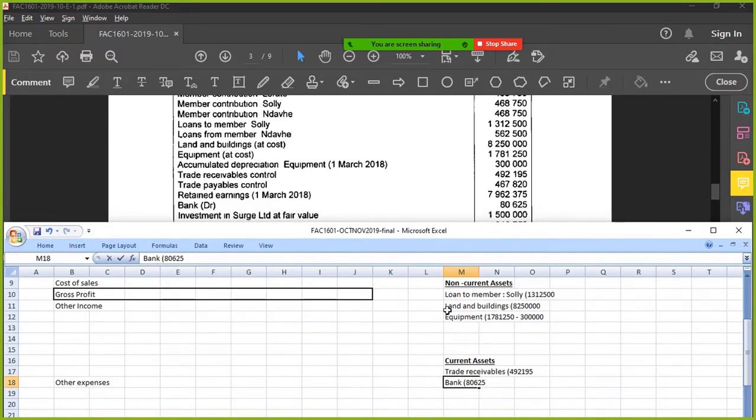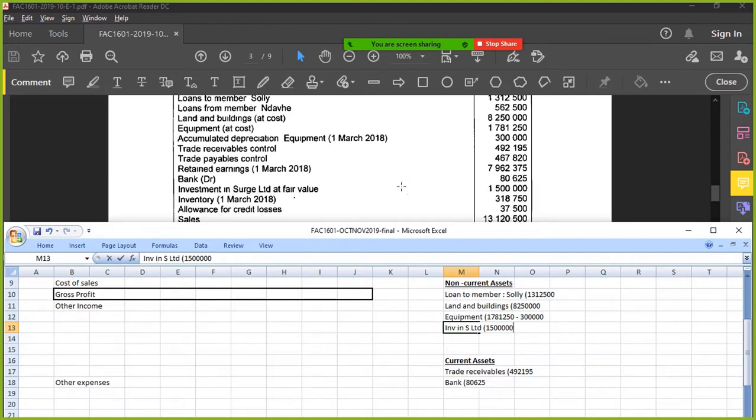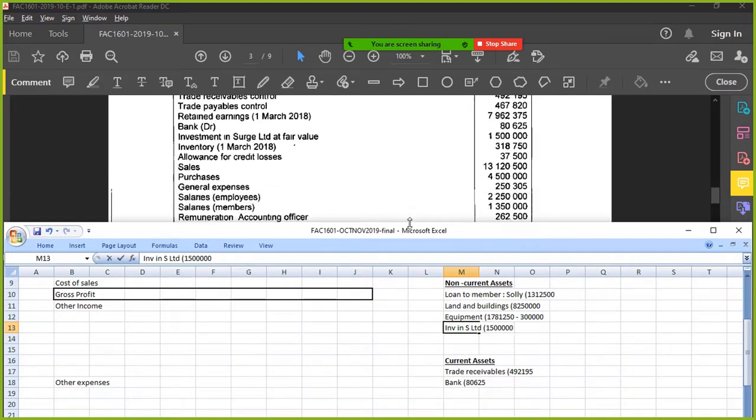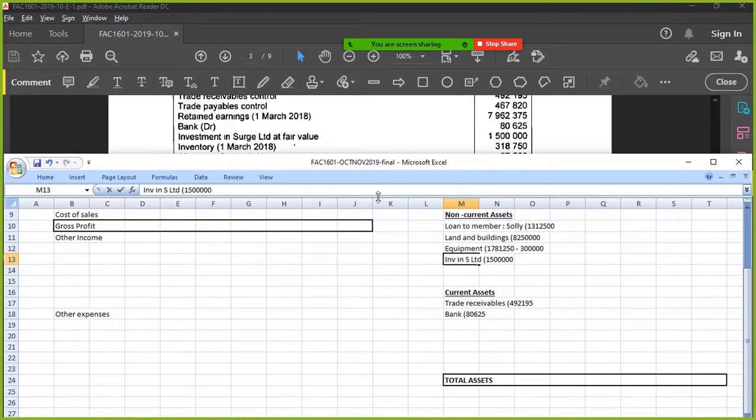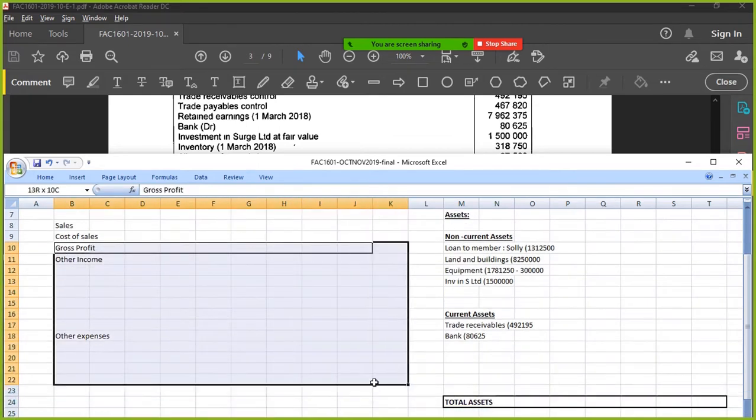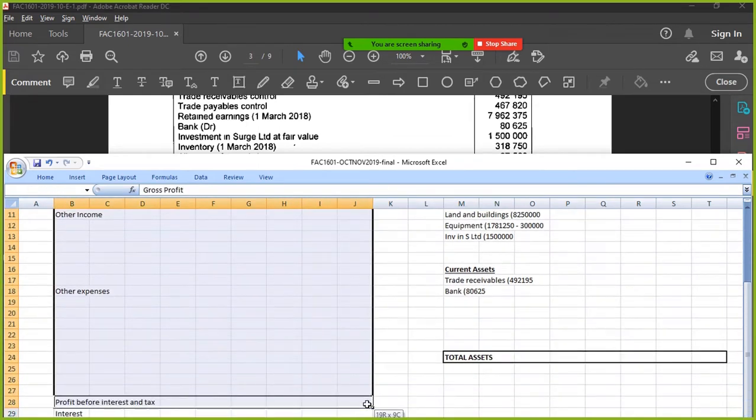Investment in S at fair value. I would again assume that this is long term. Okay. Inventory, that's opening stock. So when I see that, I'm expecting cost of sales.